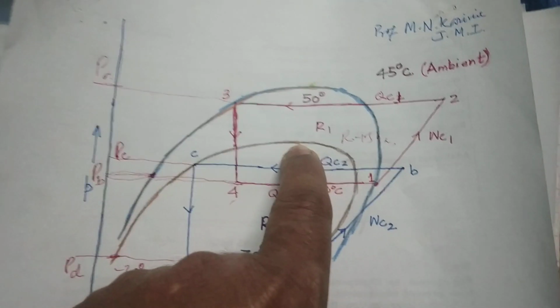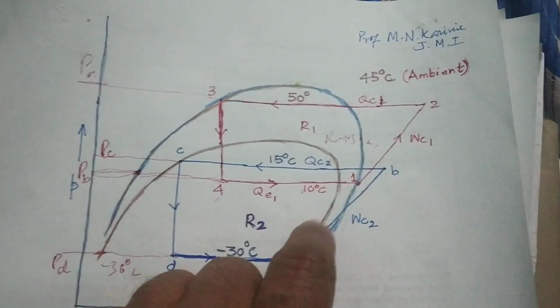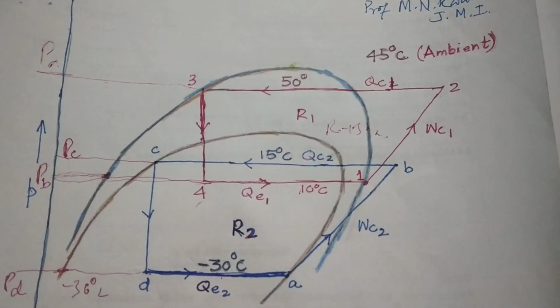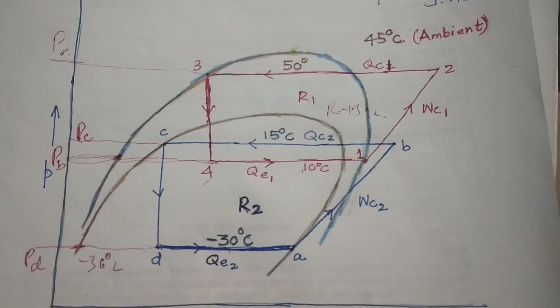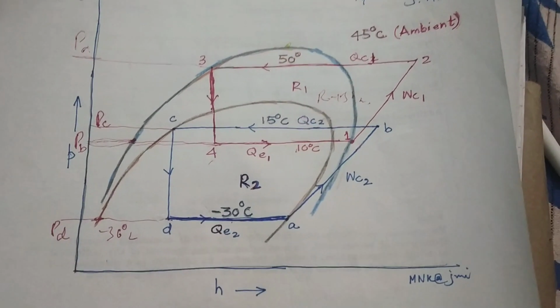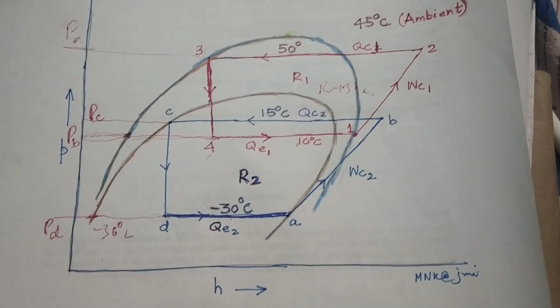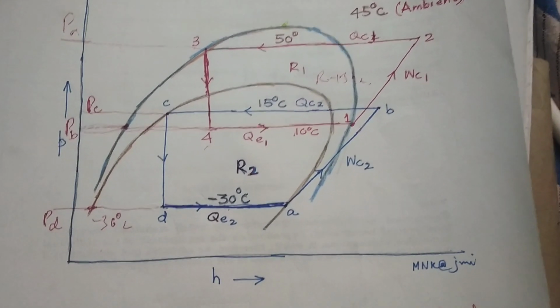The critical temperature stops here, and for this other refrigerant the critical temperature stops here. So if we choose two refrigerants, they can be coupled together to achieve a temperature of minus 30 degrees centigrade. So achieving very low temperatures is possible with the help of a cascade refrigeration system.